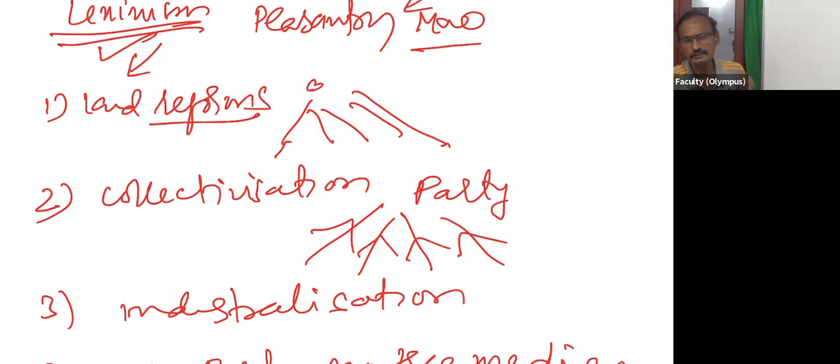See, if there is a systematic survey and clear ceiling and clear identification of the landlord, and how much is to be taken and how much the landlord will be allowed, and that too done legally and peacefully, that would be good. But that is not the way it happened. Not the way it happened in Russia, not the way it happened in China.